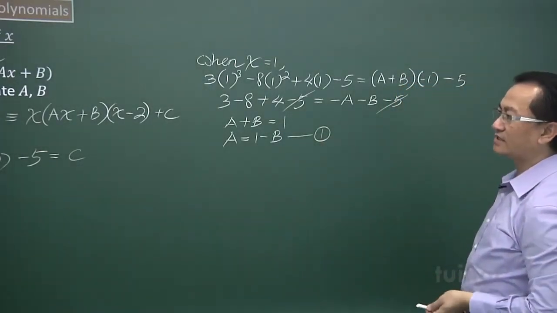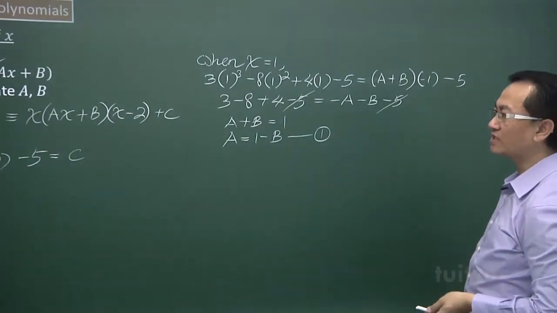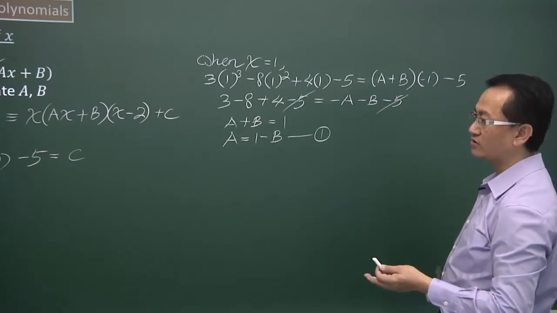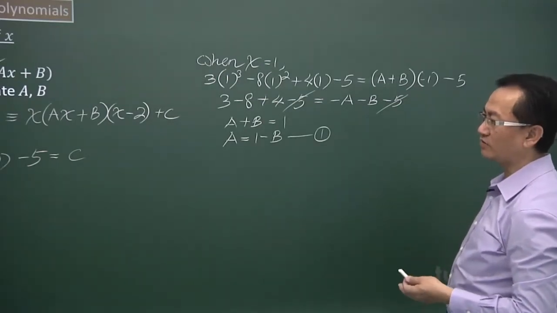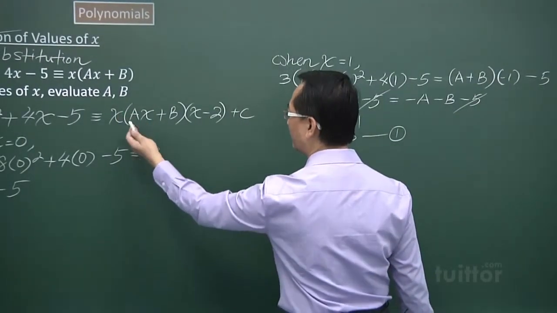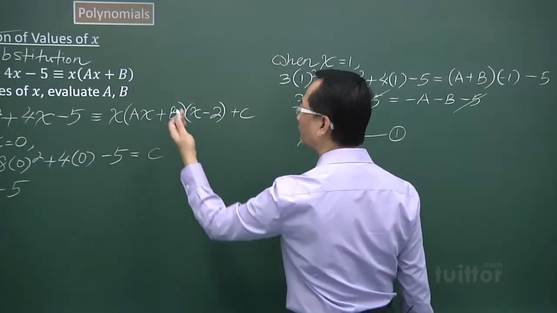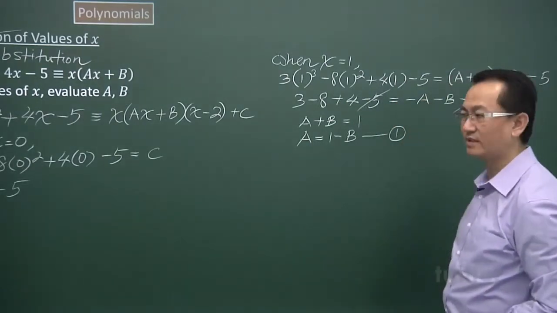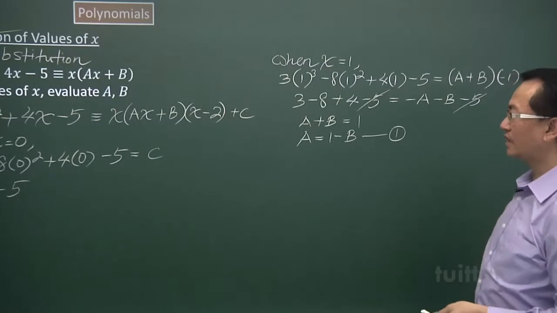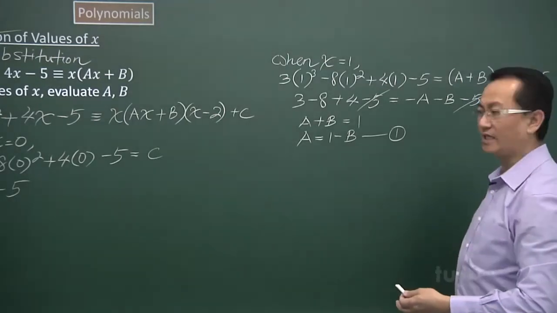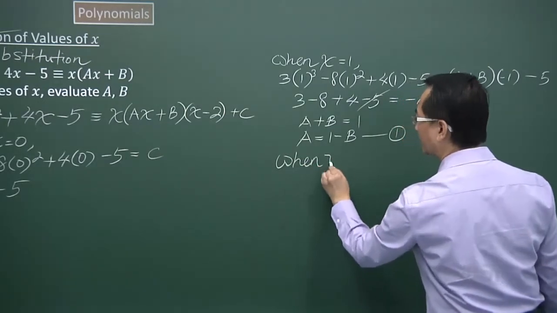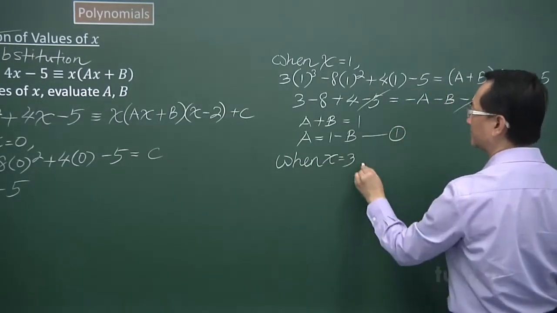Of course, next I have to choose another value. I can't choose 2 because it will reduce everything here to a 0, and therefore I will not have any information of a and b to work with. So the next thing to do can't be helped in this case. I have to use x equals to 3.